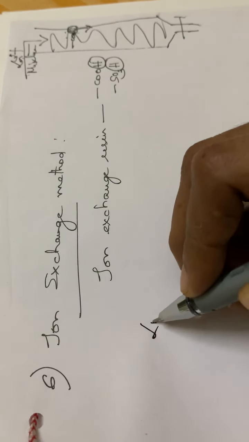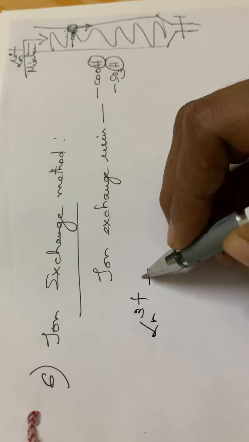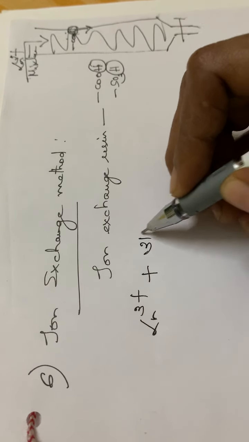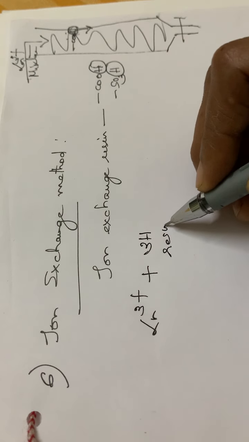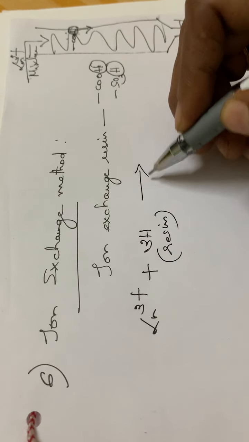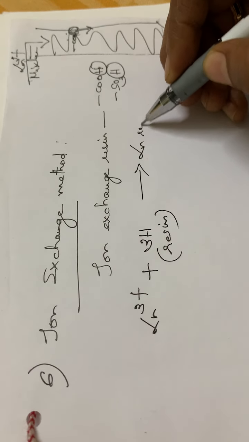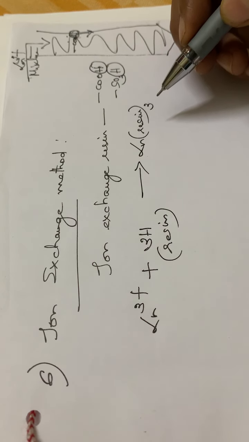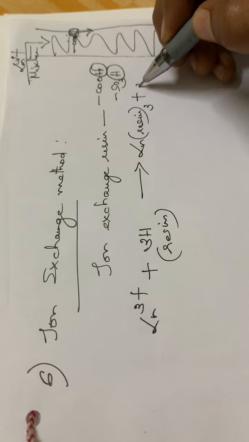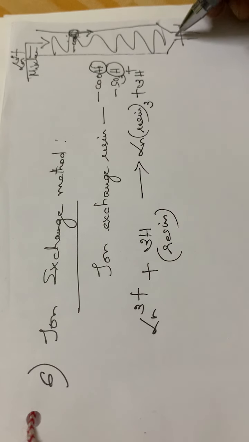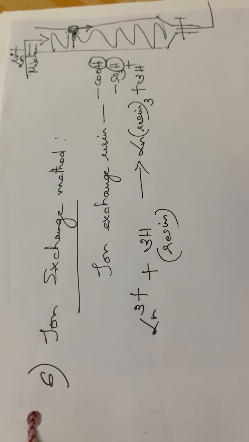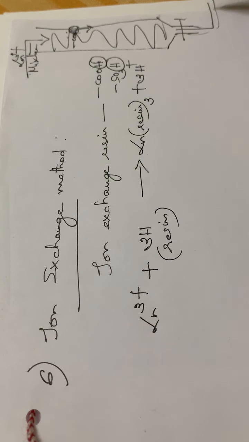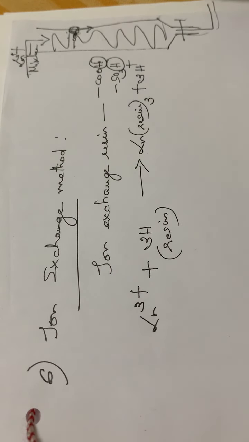We can write the equation: Ln3+ reacts with the H+ present in the resin, forming Ln resin thrice, and the H+ is removed. We can remove the H+ ions, or the ionic solution, from the bottom.